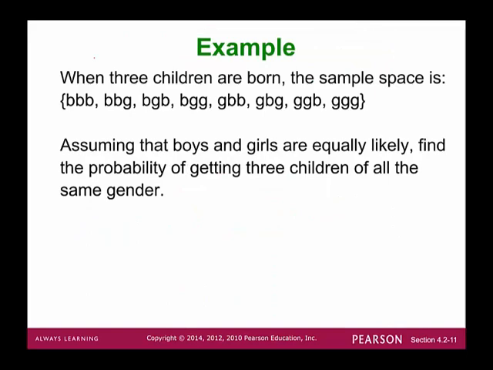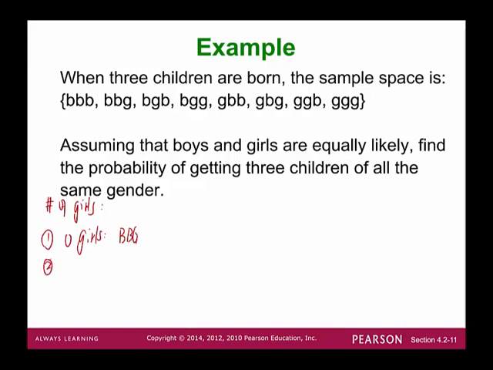Now, when 3 children are born, we already showed you how to get the sample space. Now I'm going to show you another way of getting this by analyzing all these outcomes. So first, if you concentrate on the number of girls, the first outcome is getting 0 girls. That means you get all 3 boys, so boy, boy, boy.